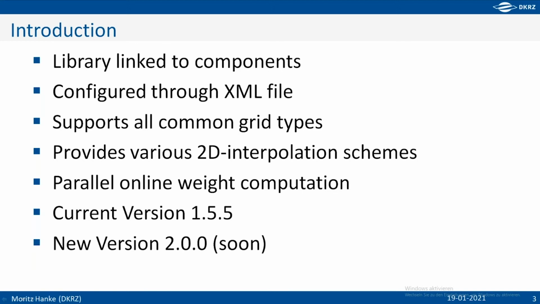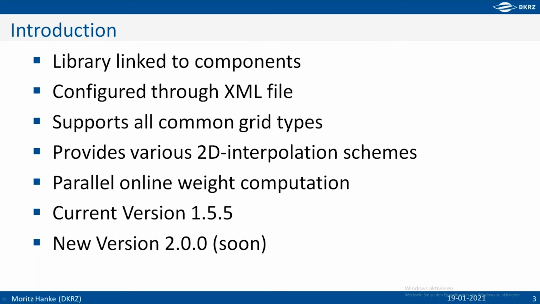YAC is a library very similar to Oasis. You link it to a component, where the component is, for example, the ocean or the atmosphere model. You configure it via an XML file. It supports all common grid types currently available.